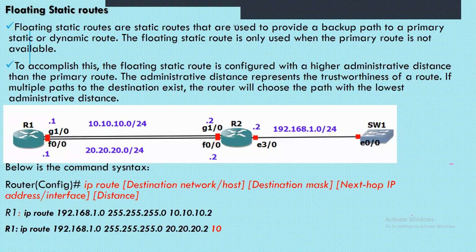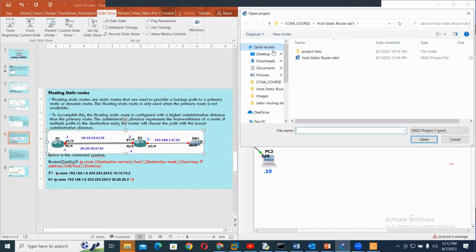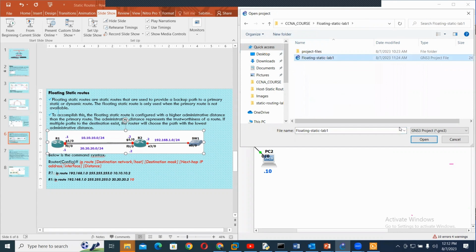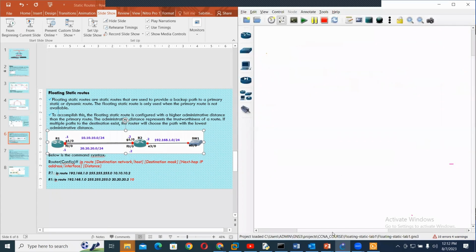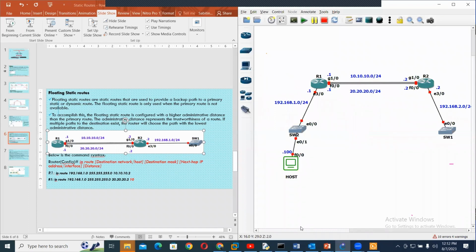Now, let's move to our lab, GNS3. We have the floating lab. Let's wait for it to load. Okay, this is our lab.